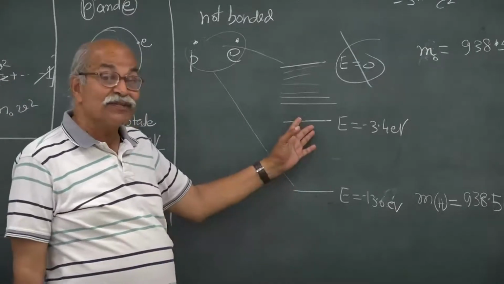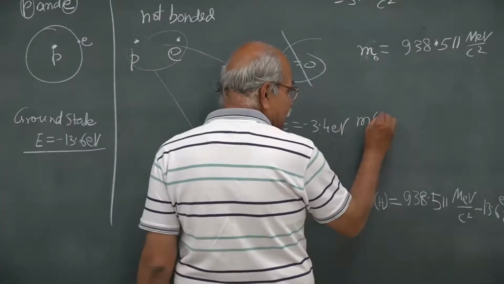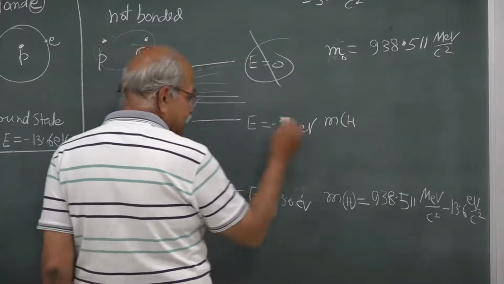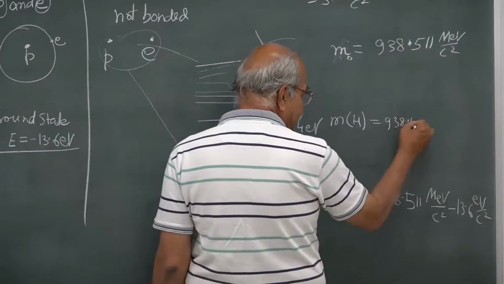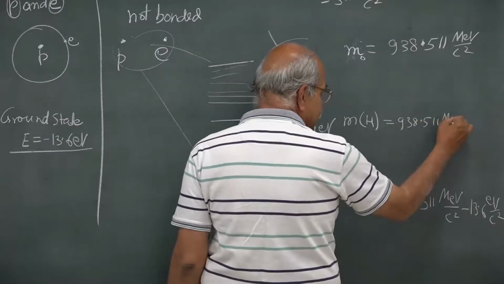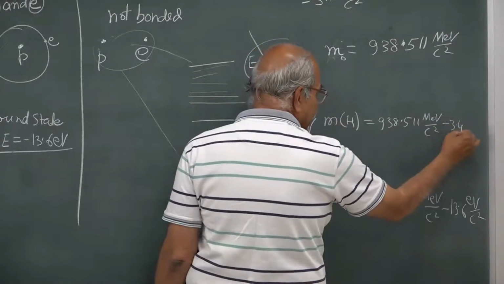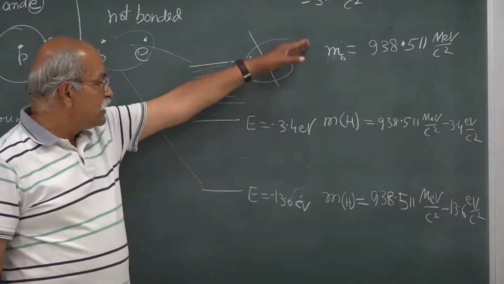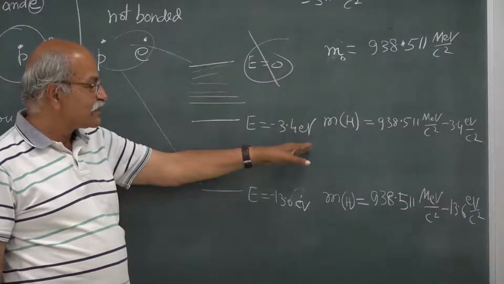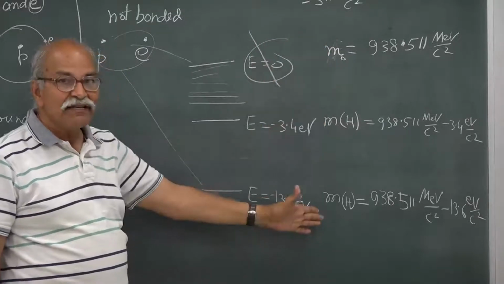So, it is rest mass only, but this rest mass in the first excited state will be 938.511 MeV/c² minus 3.4 eV/c². From here it is 3.4 eV less. So, the rest mass is different here, different here, different here.